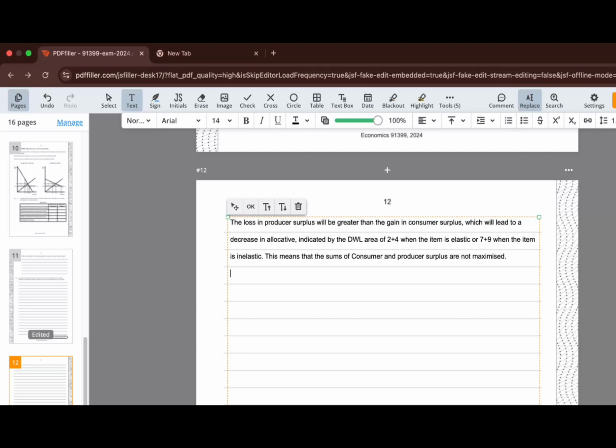And then going on to which one is worse, it's going to be the inelastic good, like we talked about when we were doing our graph, guys. So we'll just say that now. So the loss of efficiency is greater for the inelastic item rather than the elastic item, as the deadweight loss is larger.